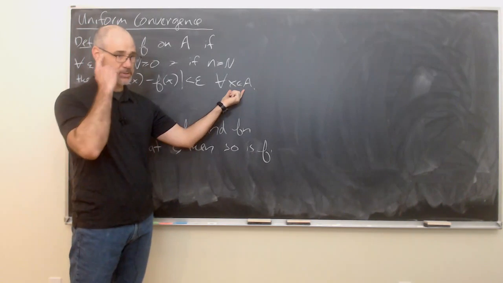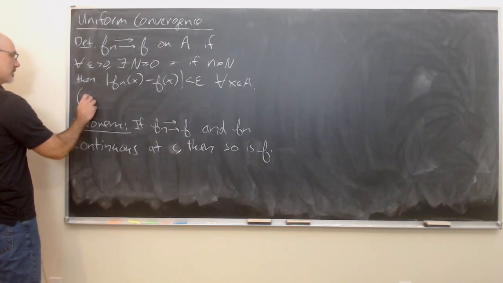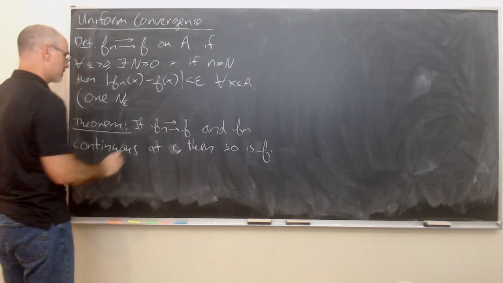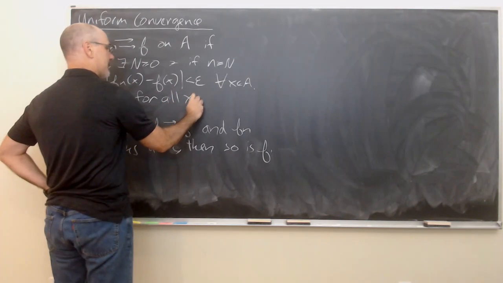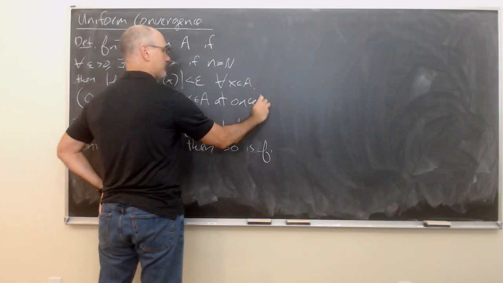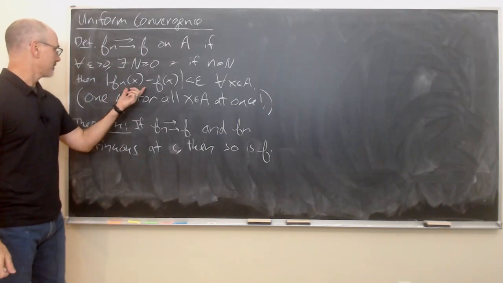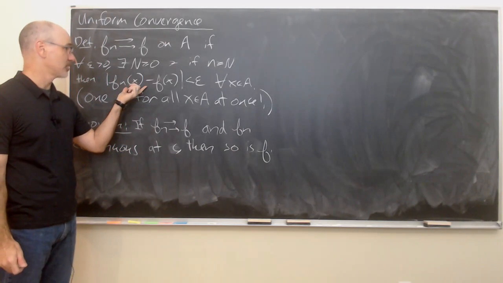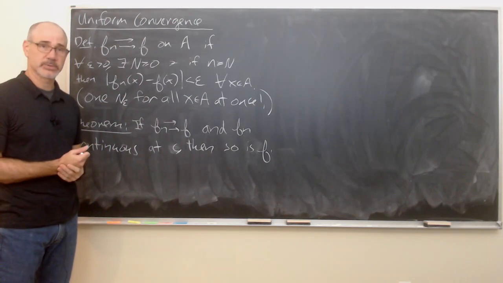So this happens for all x in the set at once, and so crucially, we have one N sub epsilon for all x at once. In other words, we can make f_n uniformly close to f on the entire set if we go far enough out in the function sequence.